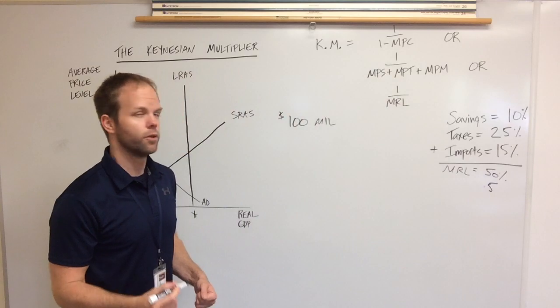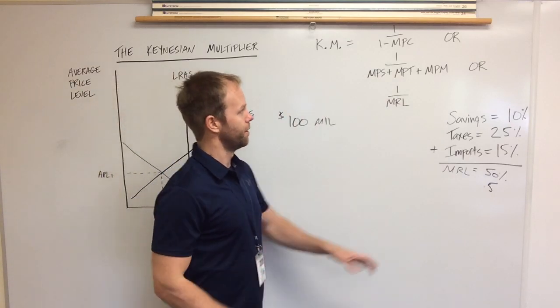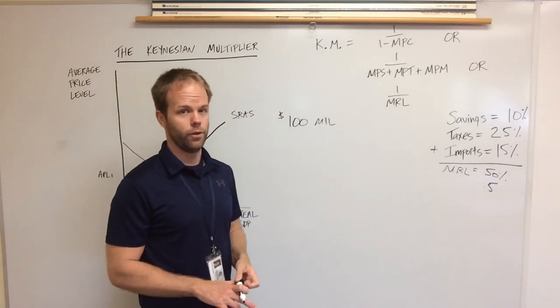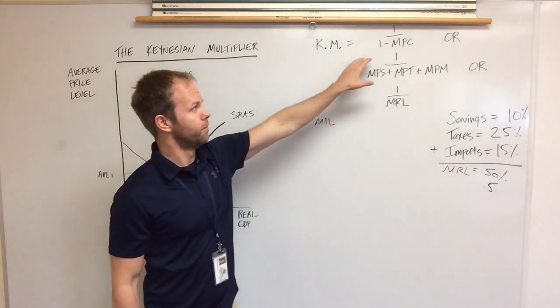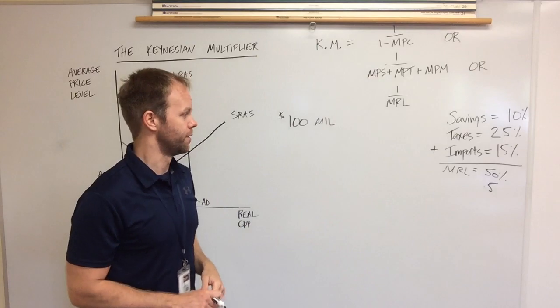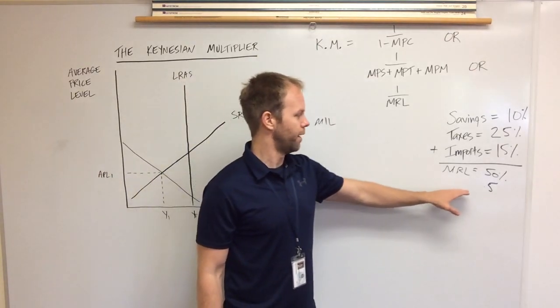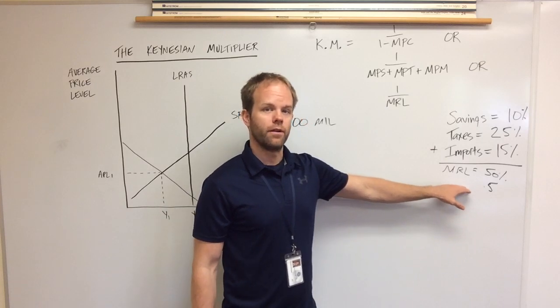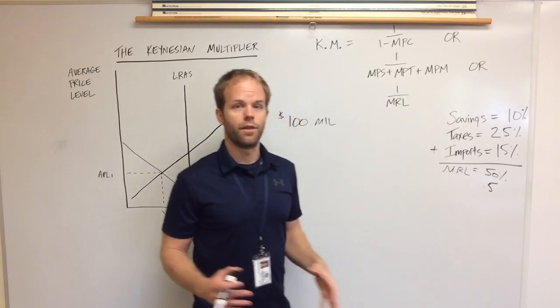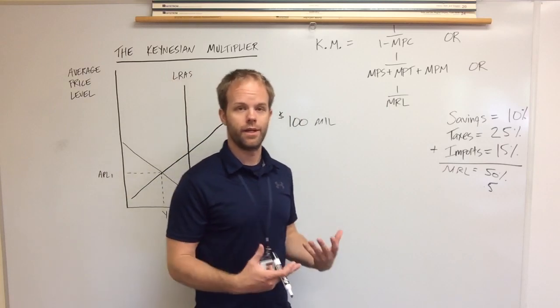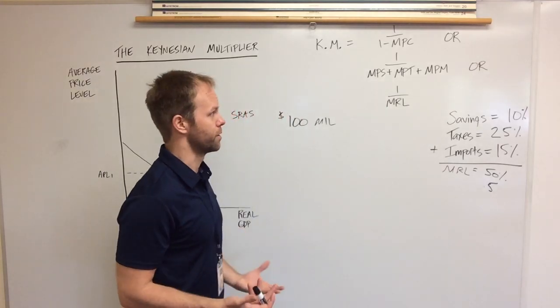right? But that also means that if we were to plug this here, right, we would get a Keynesian multiplier of 2. But we can also figure out what the marginal propensity to consume is, and I kind of just said it actually. So if we assume that 50 cents of every dollar goes towards leakages, then we can know that 50 cents of that dollar stays in the circular flow and gets respent.